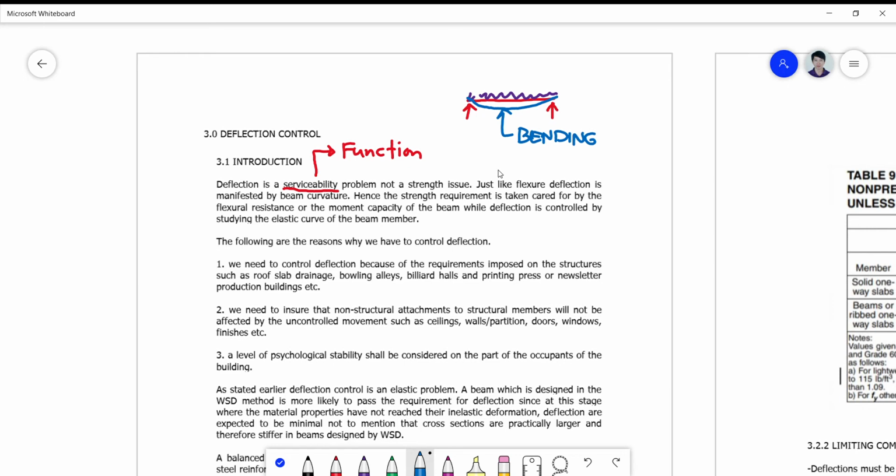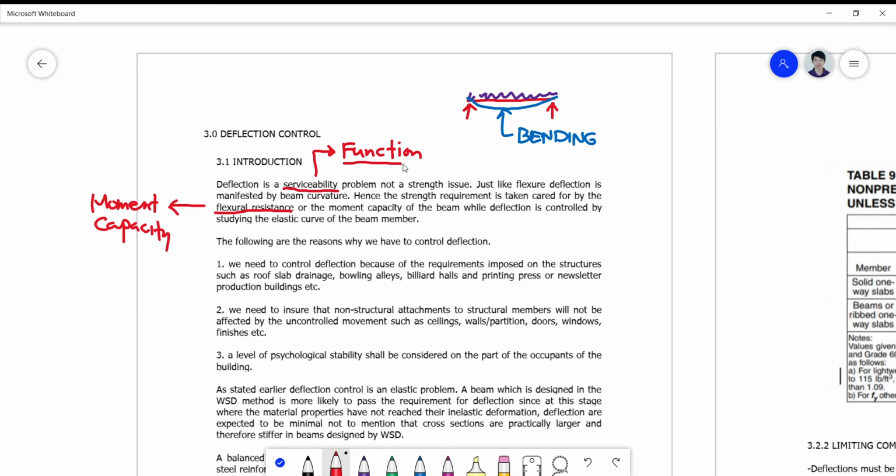But the strength requirement is not an issue here because the strength requirement is taken care of by the resistance of the beam, which is actually computed on the basis of moment capacity. Okay, so this is the moment capacity of your member, while deflection is something we need to take care of and control because we want to preserve the use of the structure.